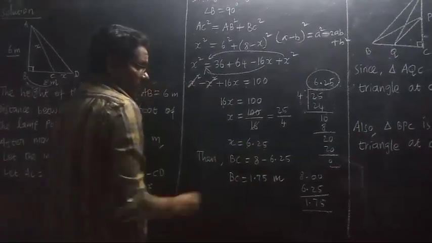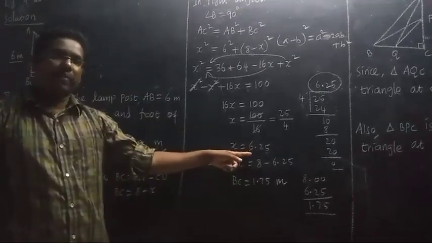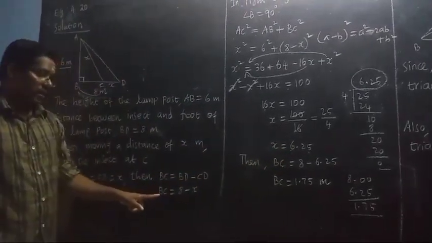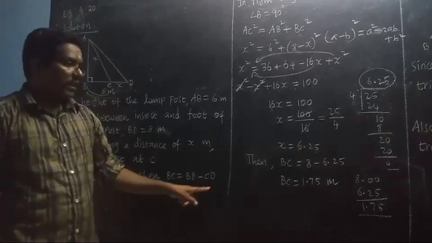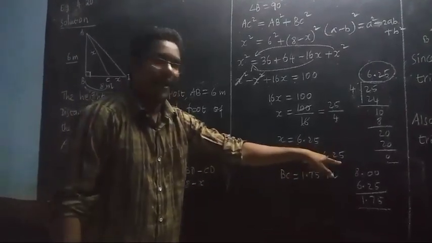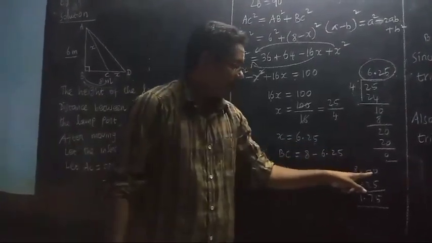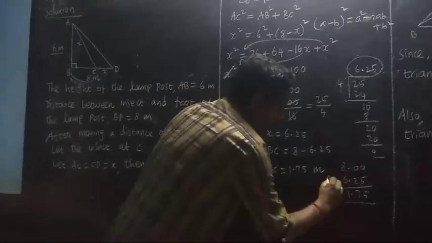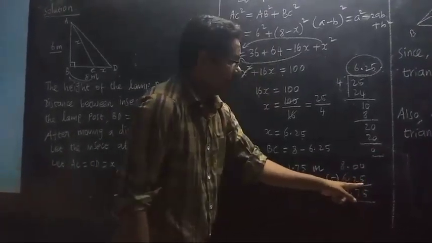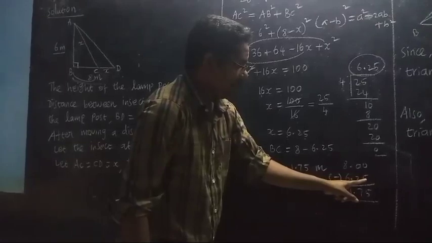Then we find the value of BC, that is BC equal to 8 minus x. Now substitute x equal to 6.25. Therefore BC equal to 8.00 minus 6.25.